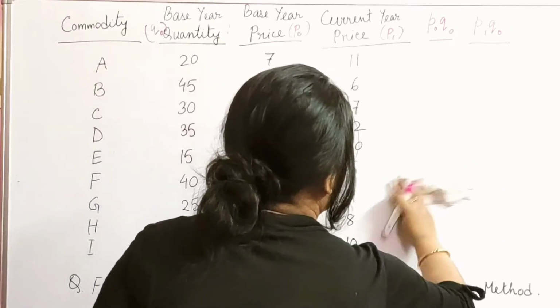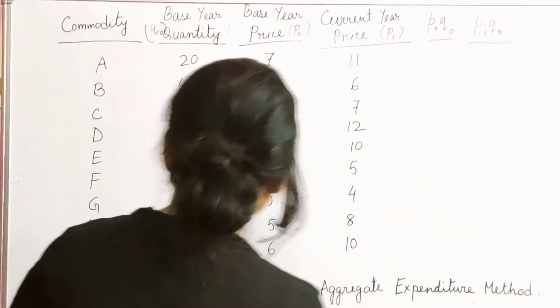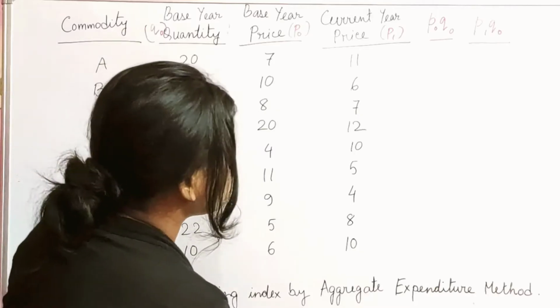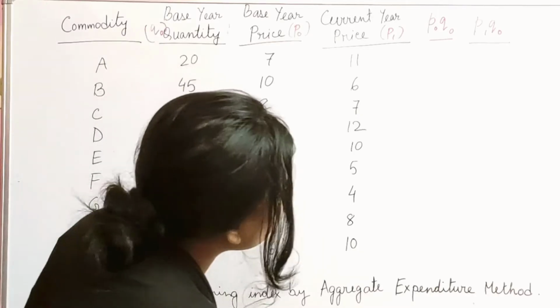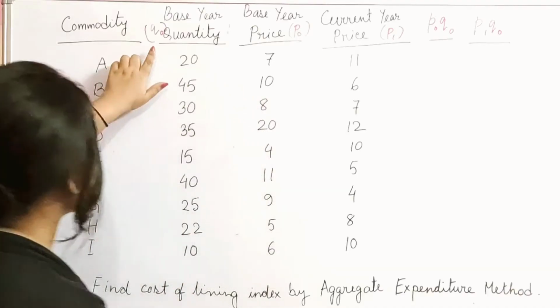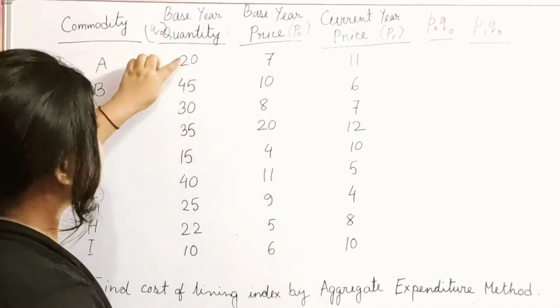So let us find all the product values. First is P naught Q naught. This is the Q naught value, this is the P naught value.